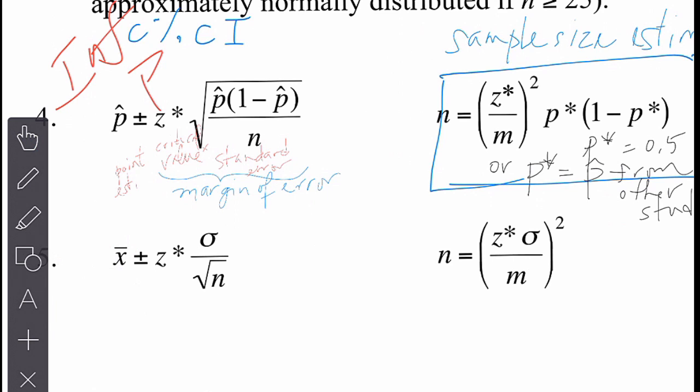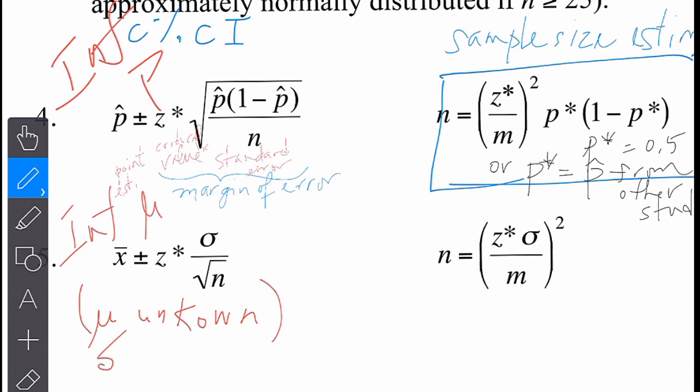In this case we assume we don't know the true mean, so this is inference on the true mean, where the true mean is unknown. However, sigma, the true standard deviation, is known.